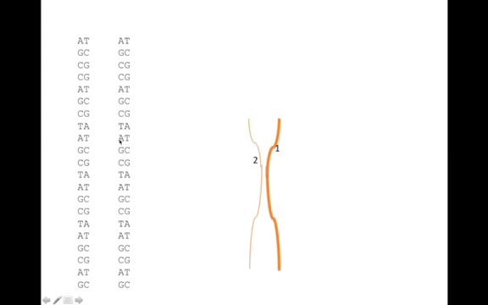So let's do this with a little bit of sequence so we get accustomed to it. So I've drawn this a little differently than we're accustomed to, so take a moment to orient yourself. Here you can see each one of these is a base pair, A with T, G with C, C with G, and so forth. And what you'll see here is that it's almost exactly the same, AT, GC, CG, CG, AT, and so forth.